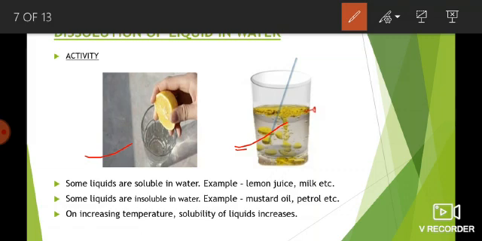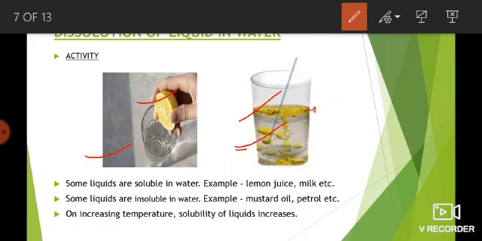Then we will mix half teaspoon of lemon juice in one glass and half teaspoon of mustard oil in another glass. And then we have to stir it nicely and observe what happens.